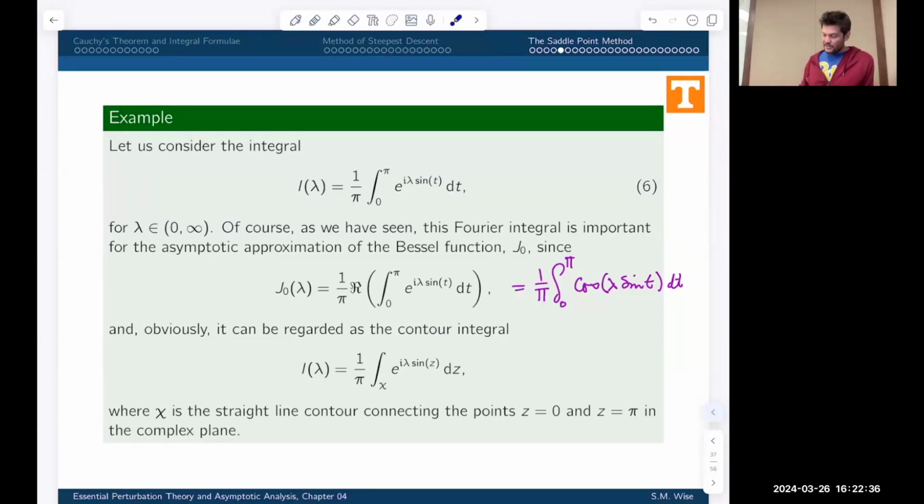But this original integral can be regarded as a contour integral in a simple way. So I just formally go in and replace every instance of t with a z, and I replace the limits of integration with an integral over chi. So what is this chi contour? Well, it's very simply just the contour which connects the points z equals 0 to z equals pi.